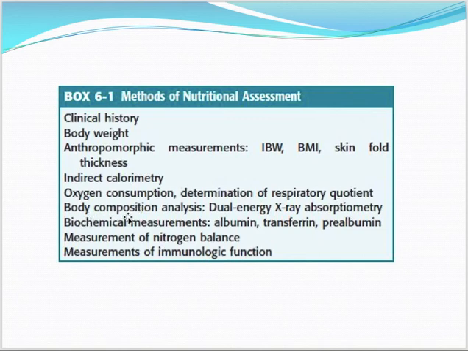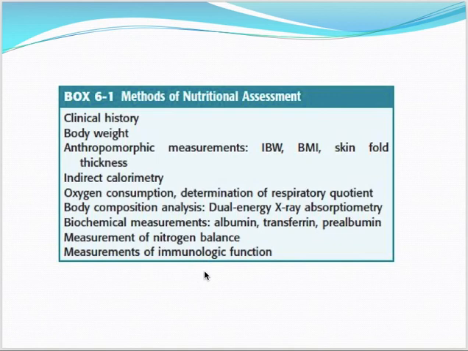Then there is body composition analysis, for which we can use dual energy X-ray absorptiometry. Then there are many biochemical measurements, which of course are lab investigations. We can check the albumin level, the transferrin levels, measure the nitrogen balance, or measure the immunological function.